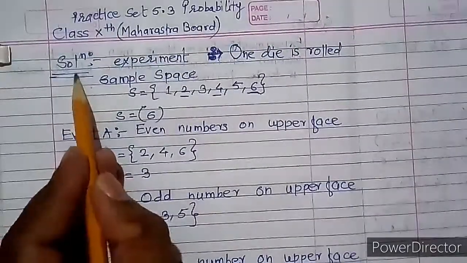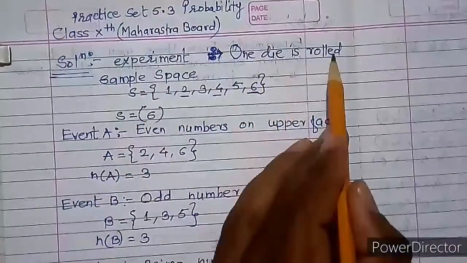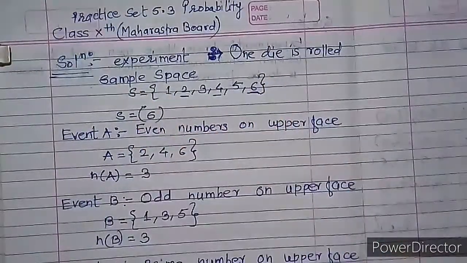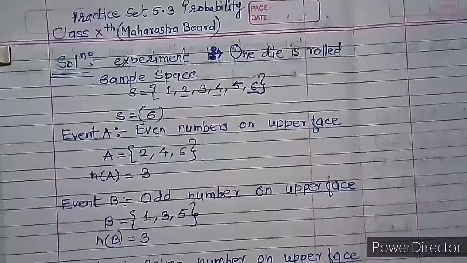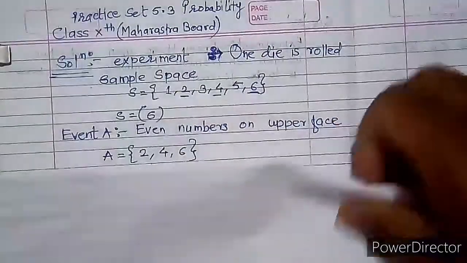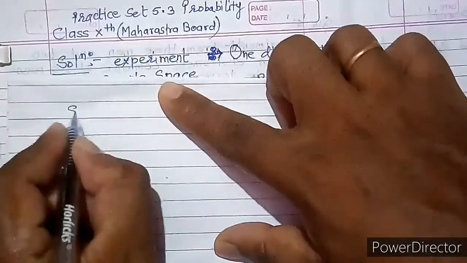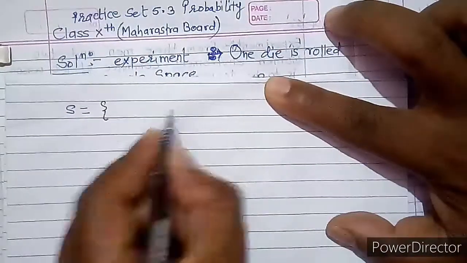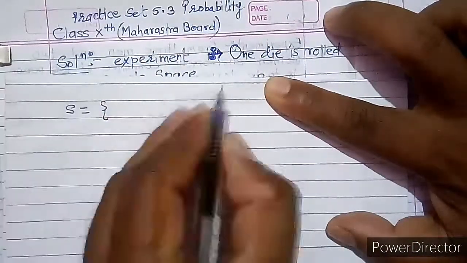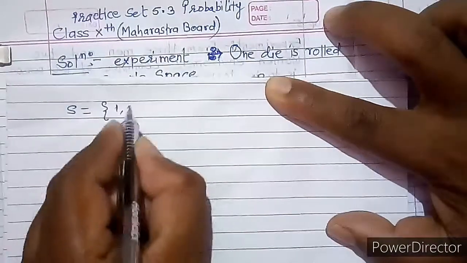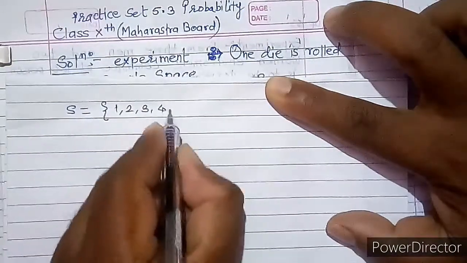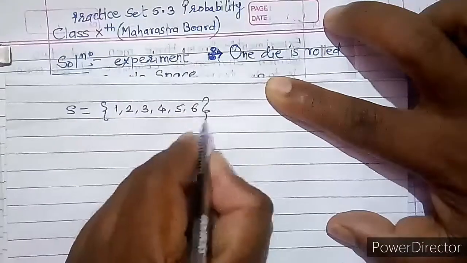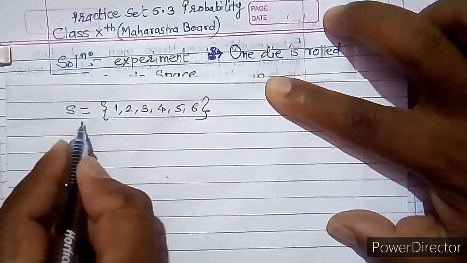Now write down, in the experiment one die is rolled, the sample space S. When one die is rolled, a die has six faces. That's why the outcomes will be 1 2 3 4 5 and 6, not more than 6, because a die has 6 faces.